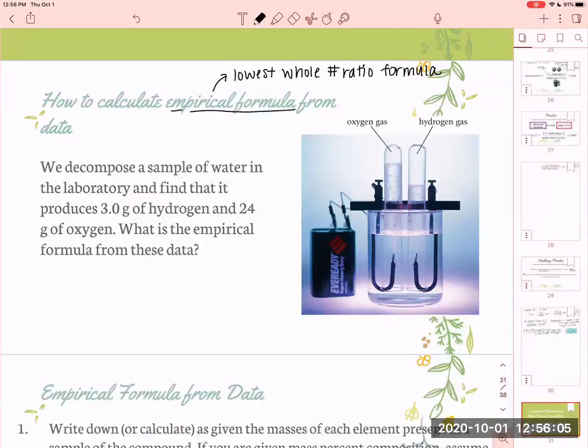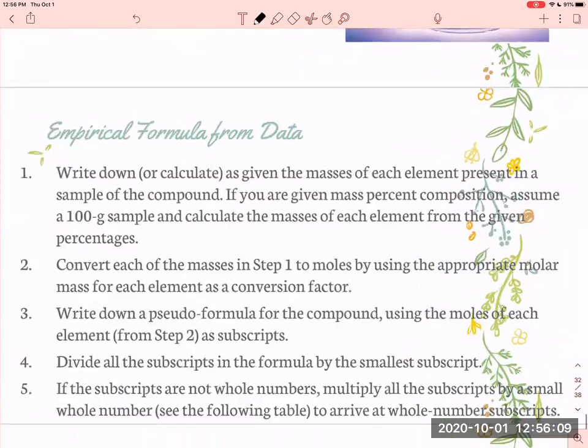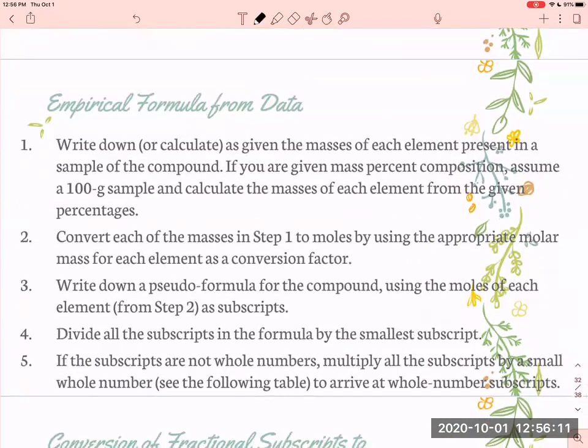I'm going to follow these steps. It may be helpful for you to screenshot these steps so that you can use them, or pause and write them down in your notes. These are the steps outlined in your text that will produce for you an empirical formula.